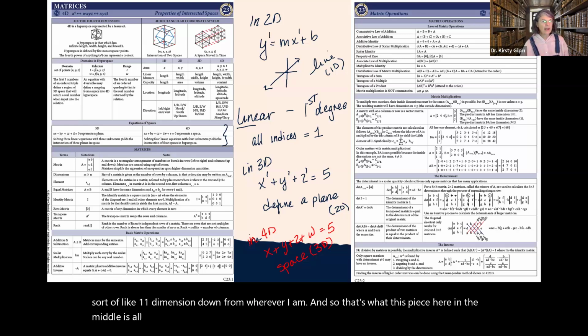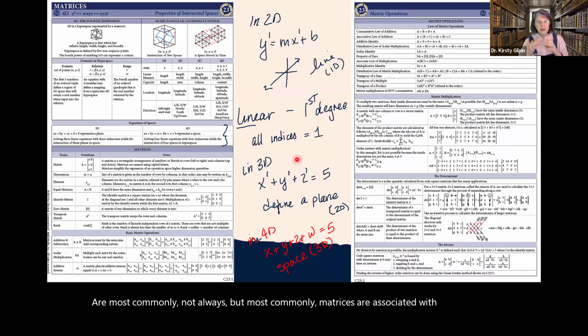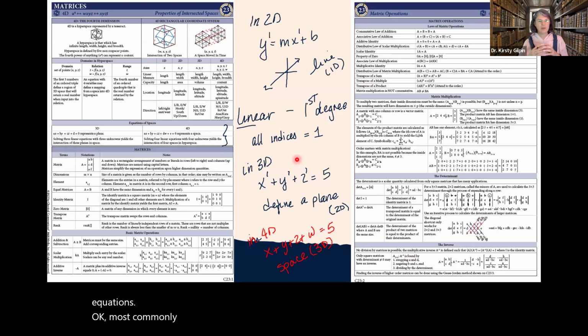The reason why I'm spending some time talking about that is because matrices are most commonly, not always, but most commonly, associated with linear equations.